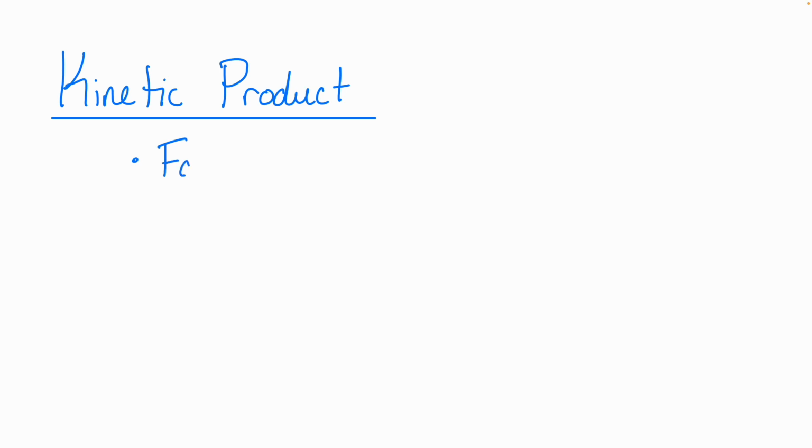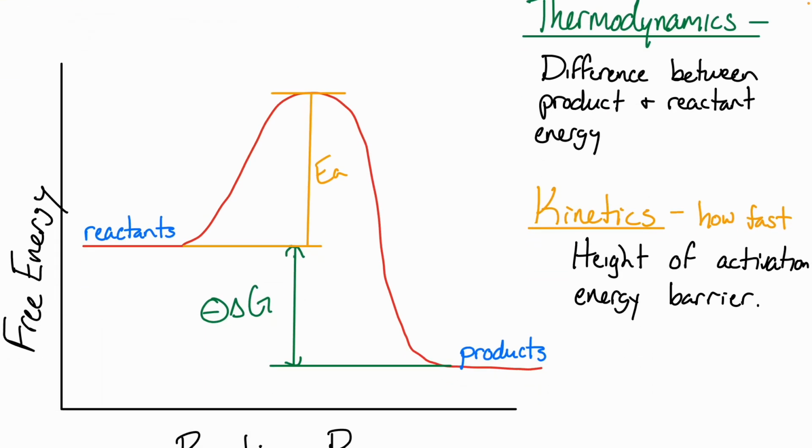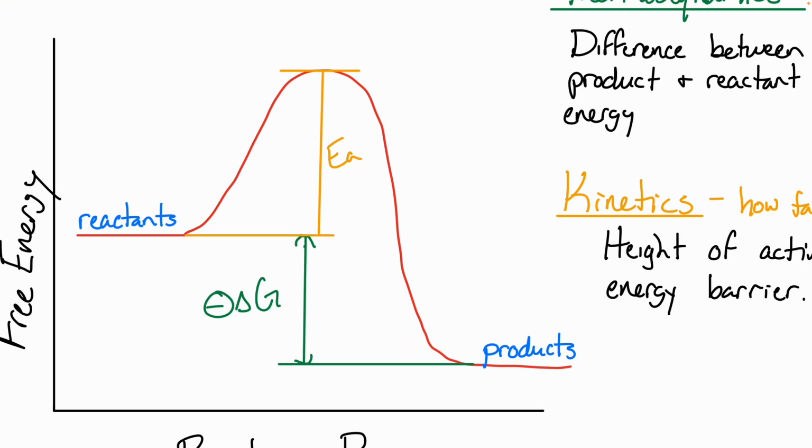This is what's going to be favored at low temperatures. Okay? If we look at our free energy diagram here, the height of that barrier, that activation energy, we imagine that our reactants are like this little marble over here.